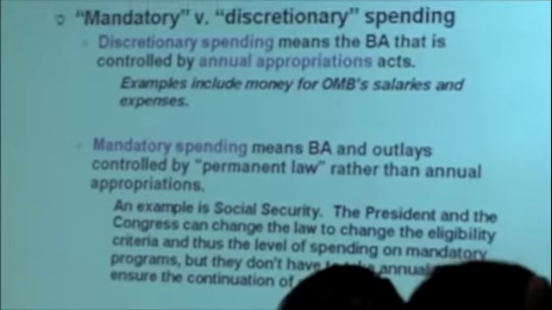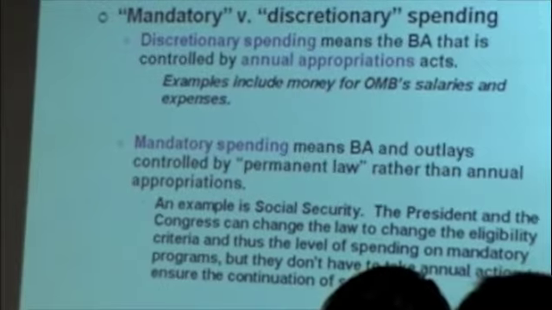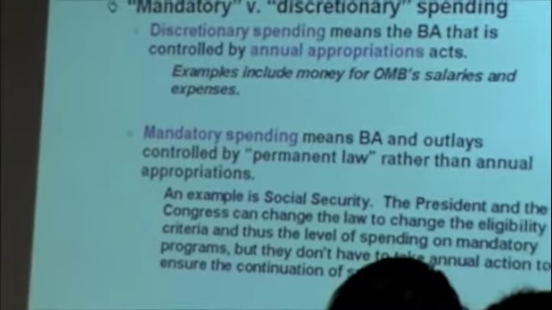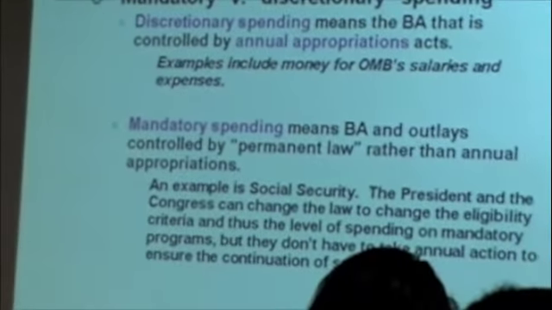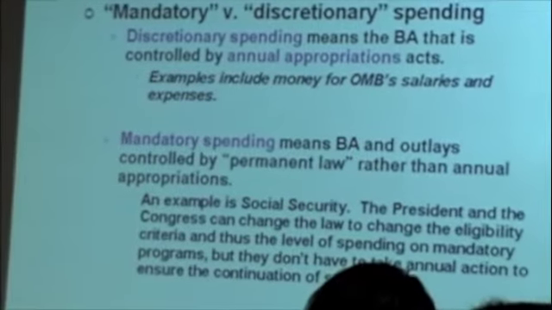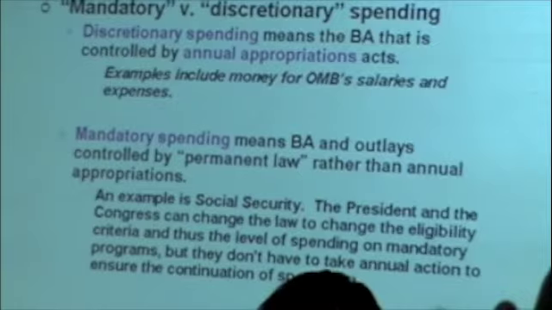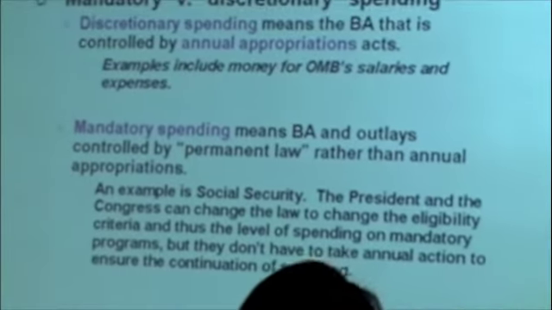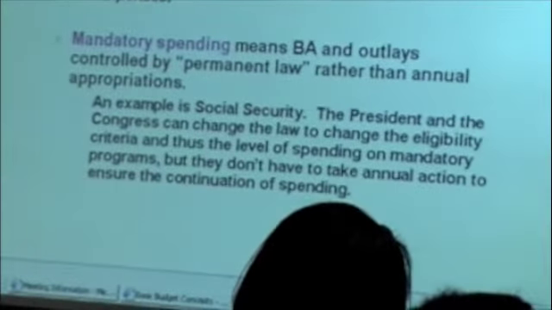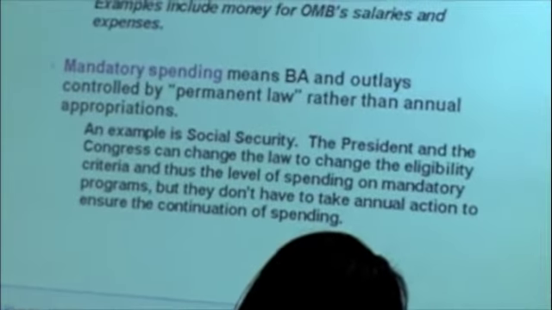An example, Social Security. The President and Congress can change a law to change the eligibility criteria and thus the level of spending for mandatory programs. But they don't have to take annual action to ensure the continuation of spending.